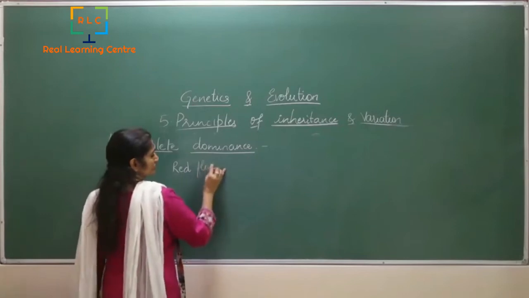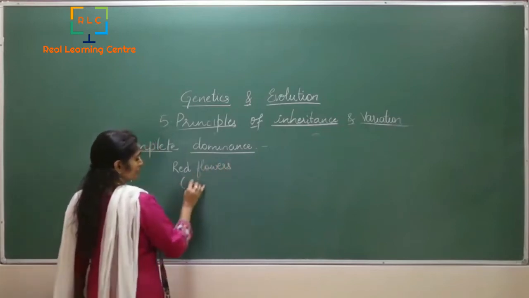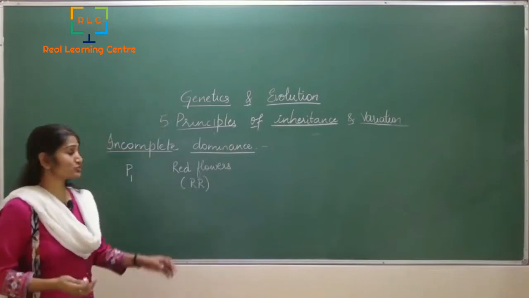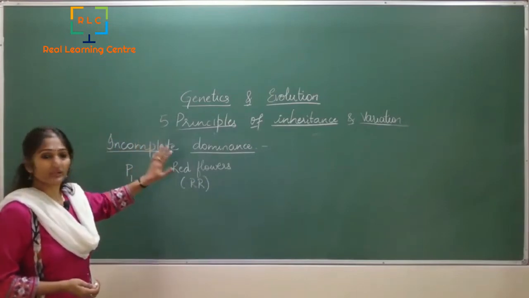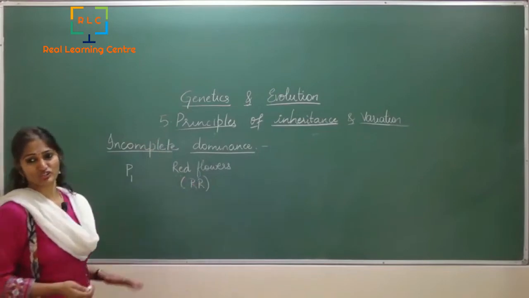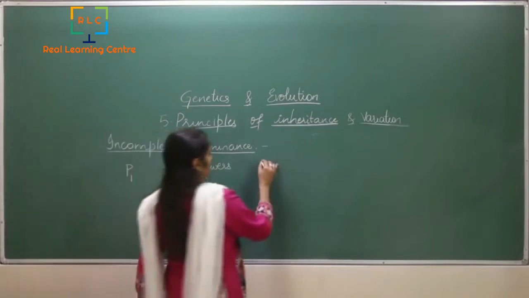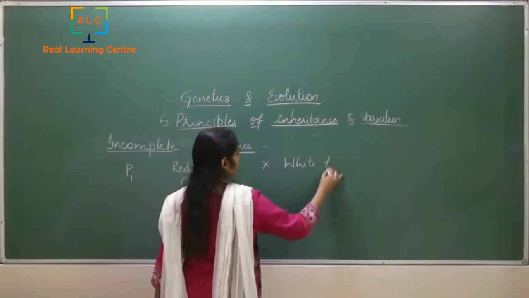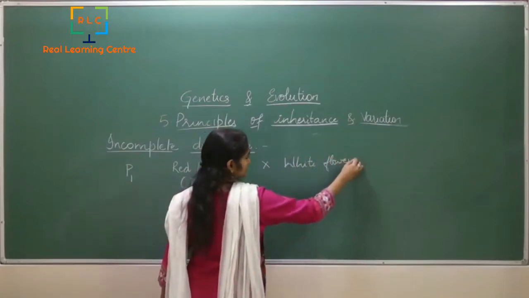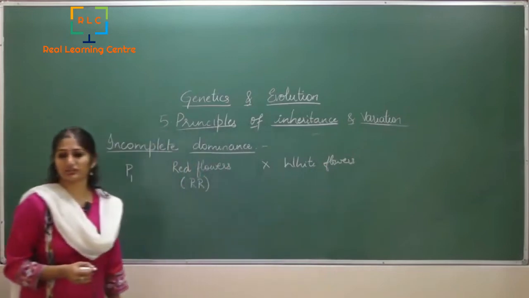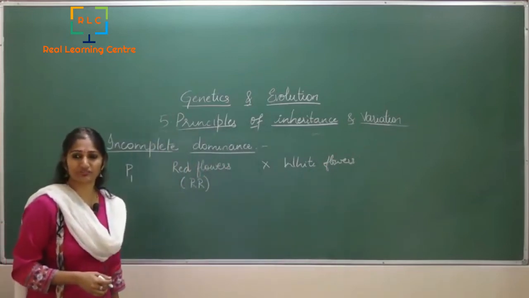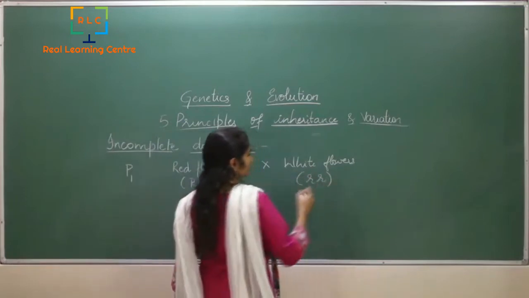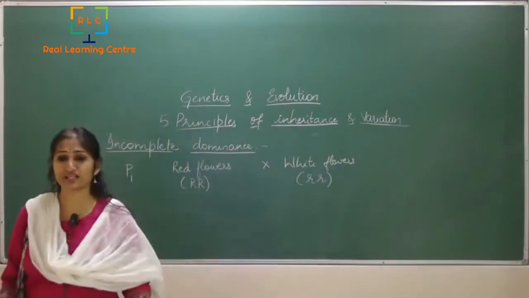Since they are true breeding, we write it as capital R, which means they pass the same trait on to the next generation without any variation. These were crossed with white flowered plants, which are also true breeding, so we would write this as RR.